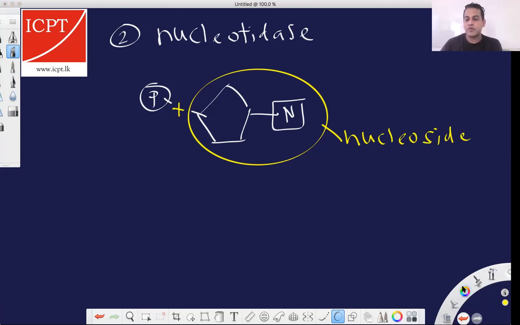Then the third group of enzyme is coming, nucleosidase. So nucleosidase is the enzyme, substrate is nucleoside. But it does break this bond.